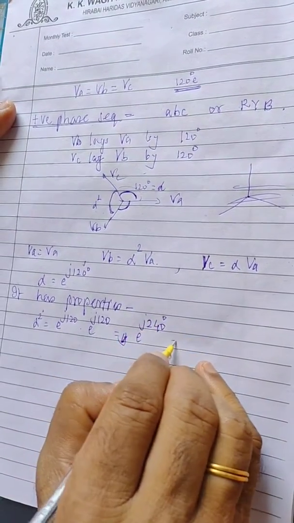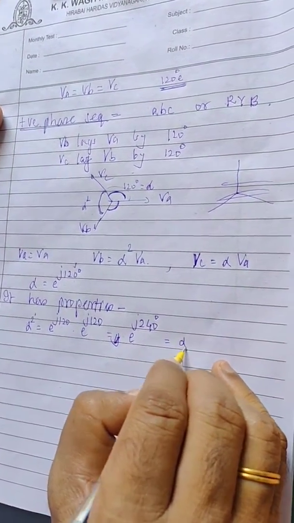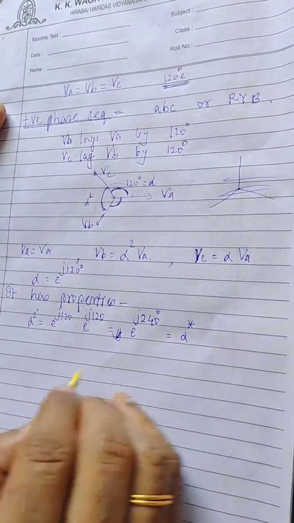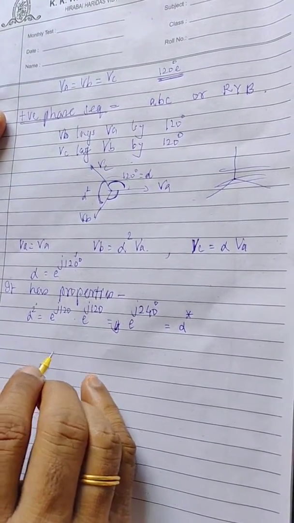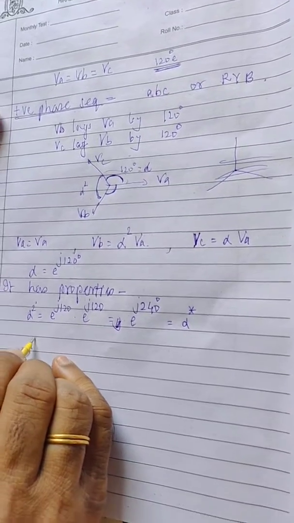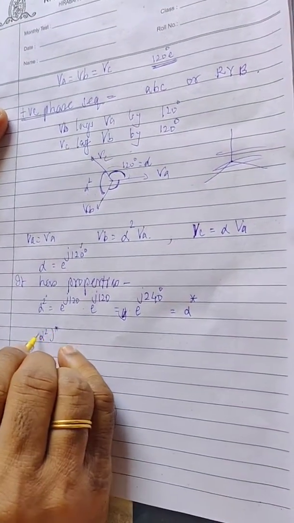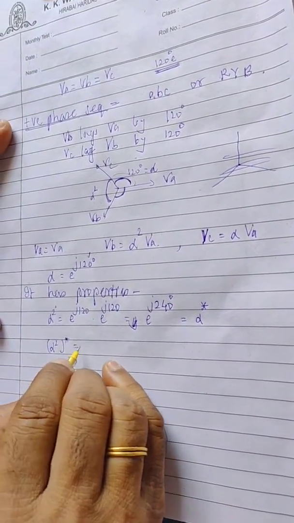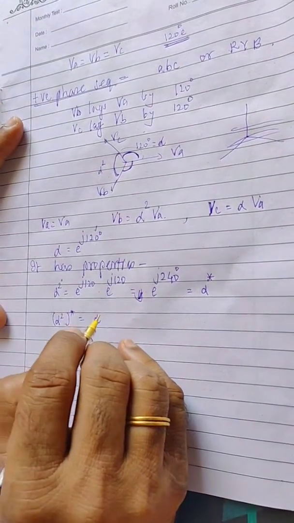This is nothing but the conjugate of alpha. And the second property, the conjugate of alpha square is equal to alpha.